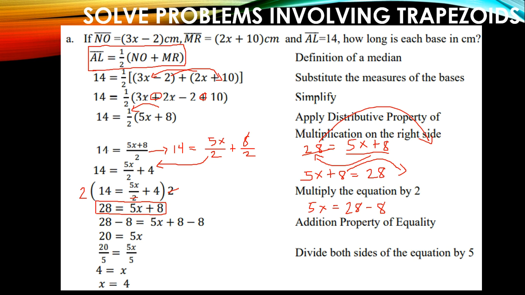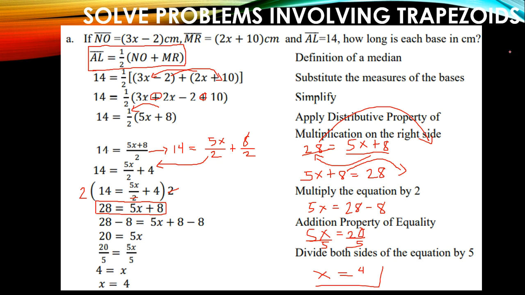So, 5x equals 28 minus 8. Then, 5x equals 20. Then, you're going to divide both sides of the equation by 5. Okay, since x man ato gipangita, so mao na nga natay x which is equals 4. So, we have the value of x which is 4.